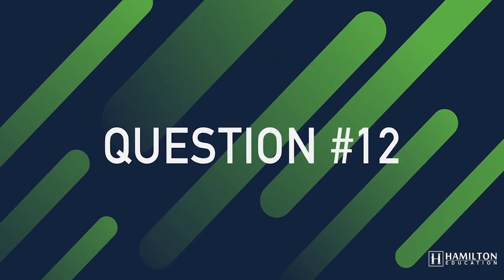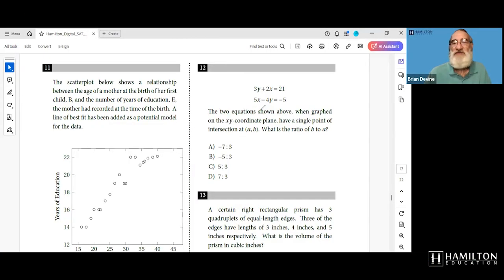Number 12. On number 12, we have a system of equations, and we're told that it does have a single solution. And so if I stick A and B in there, I would have something like 2A plus 3B equals 21, and 5A minus 4B equals -5. I can solve for A or B in either of those.